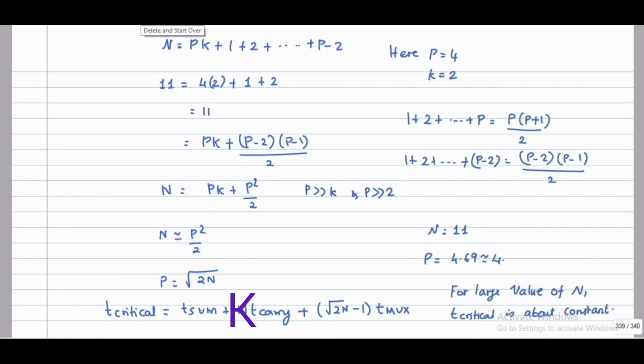If you compare, for larger values of n, the t critical value is about constant. For smaller values of n, the t critical value is the same compared to the ripple carry adder and carry look-ahead adder. But if we go for larger values, the t critical value is much less. So this is the advantage of the carry select adder.